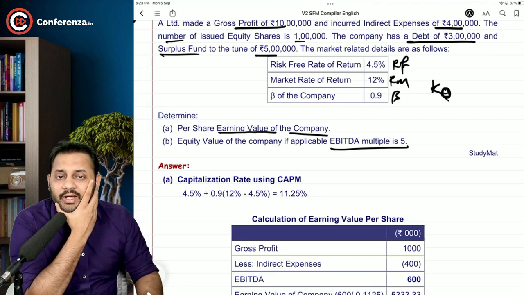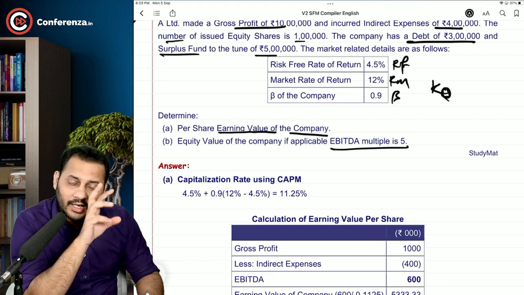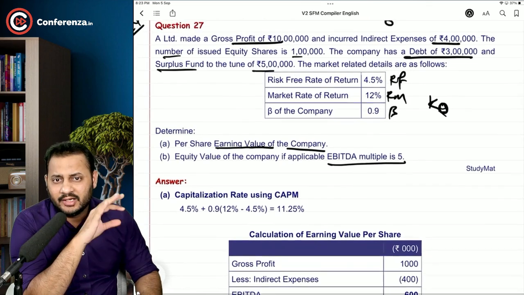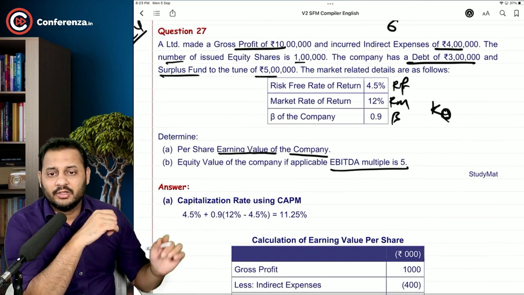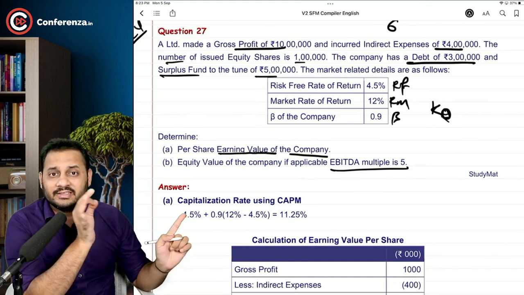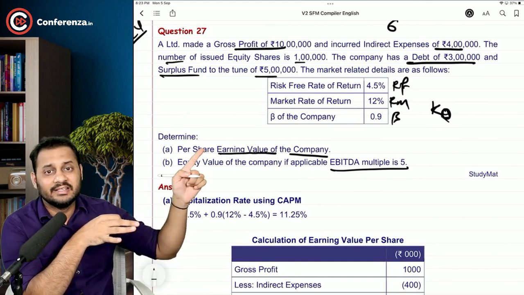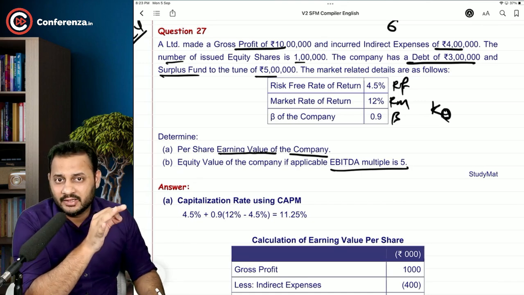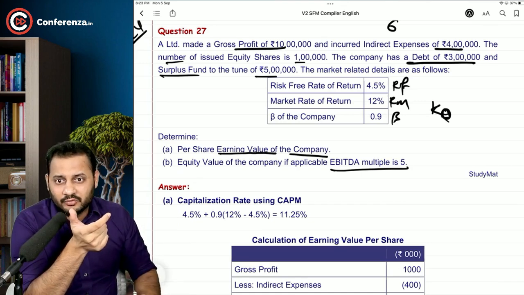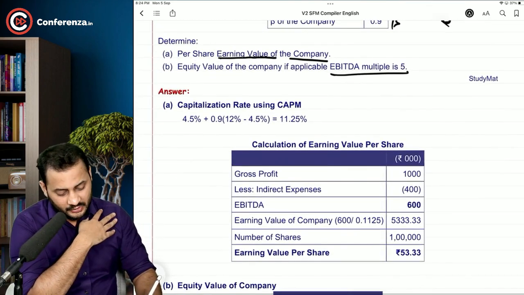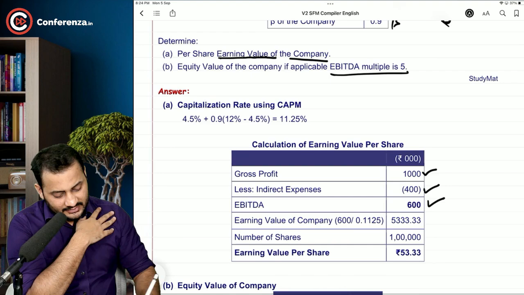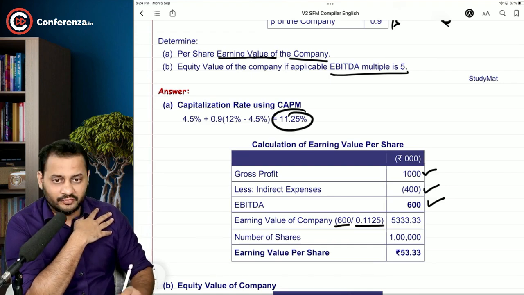So first of all, we will have to calculate the earnings. Based on the earnings, calculate the value of the company. And it's very easy. 10 minus 4, 6 lakhs. You calculate the earnings capitalization rate. Because it is the earnings method, earnings will be capitalized. We will calculate the value of the company, divided by 1 lakh, you will get the per share value. See, 10 lakh minus 4 lakh, 6 lakhs, you divide the 6 lakhs by the cost of capital.